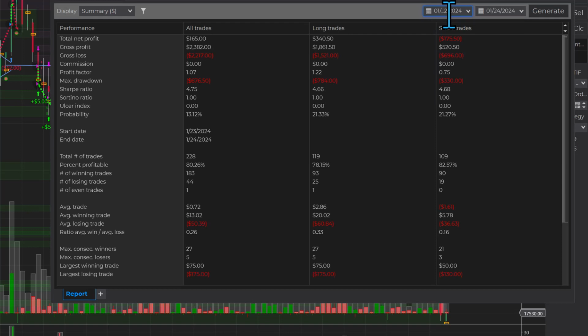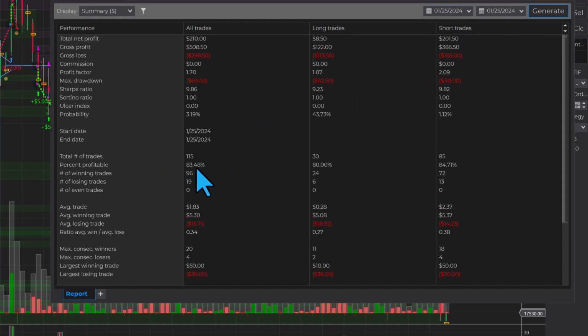Generate. Boom. That's January 24, 80%. January 25, no, it was the 23rd, 24th, January 24, generate. January 24 it was 82%. Let's change it to January 25, generate.